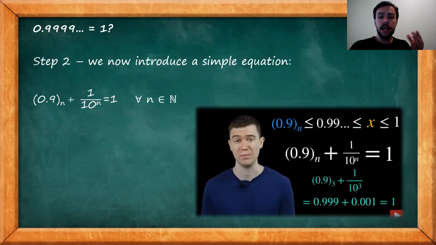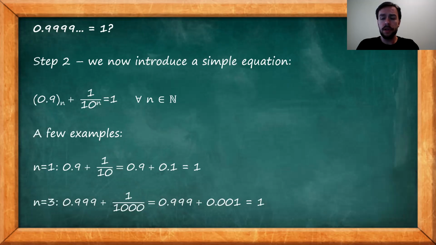Now in the second step, we introduce a very simple equation, which is the following. 0.9 sub n, which is the notation we just defined, plus 1 divided by 10 to the nth power equals 1 for all n belonging to natural numbers. And again, this equation can also be seen in the video by BriTheMathGuy. So here are a few examples just to illustrate the equation.